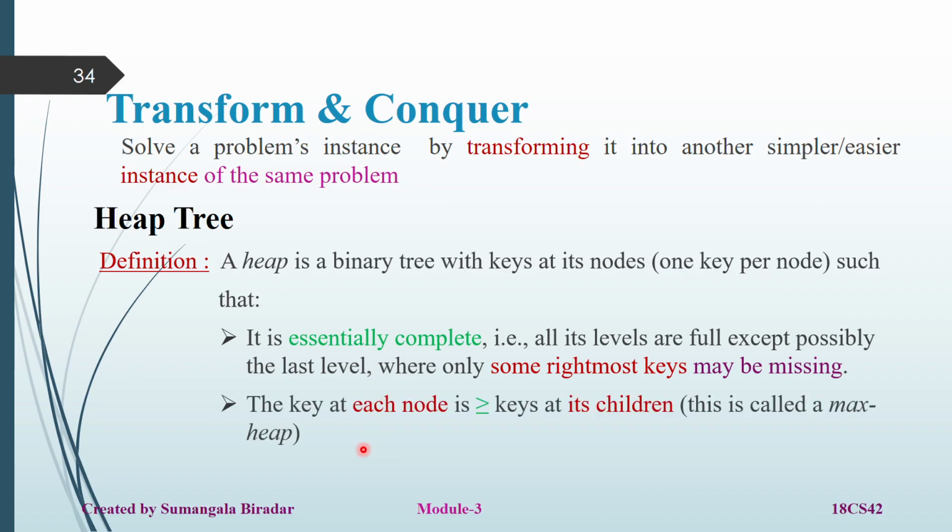Next, the key at each node must be greater than or equal to the keys at its children. This means the parent key must be greater than the child node. So these are the two criteria: first, essentially complete, and second, the parent node key must be greater than the child nodes. If these two criteria are fulfilled, then we can call it a heap tree.